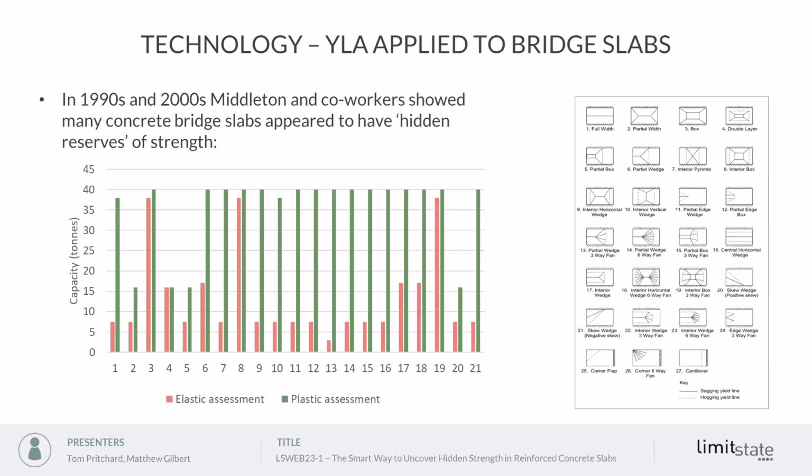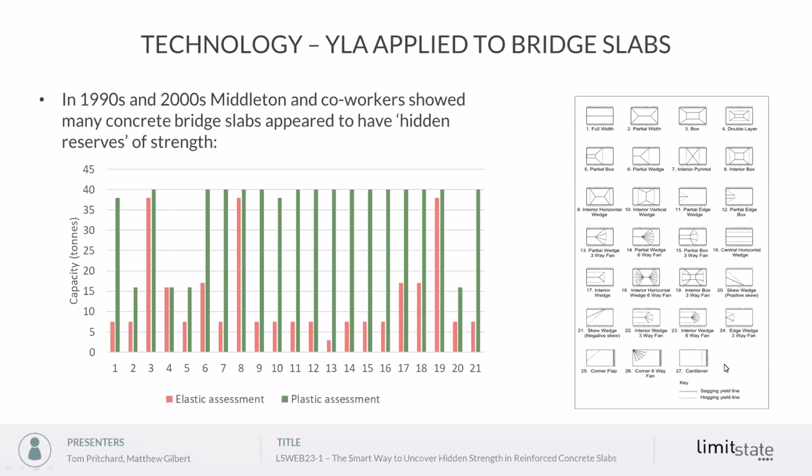Right-hand side shows a sort of library of failure mechanisms that was considered in the software that Middleton and co-workers used for this purpose. You can see there's a whole series of different mechanisms. The only problem with the method is that if you have a different geometry of bridge or a strange configuration of reinforcement, then potentially a different mechanism could have been critical.